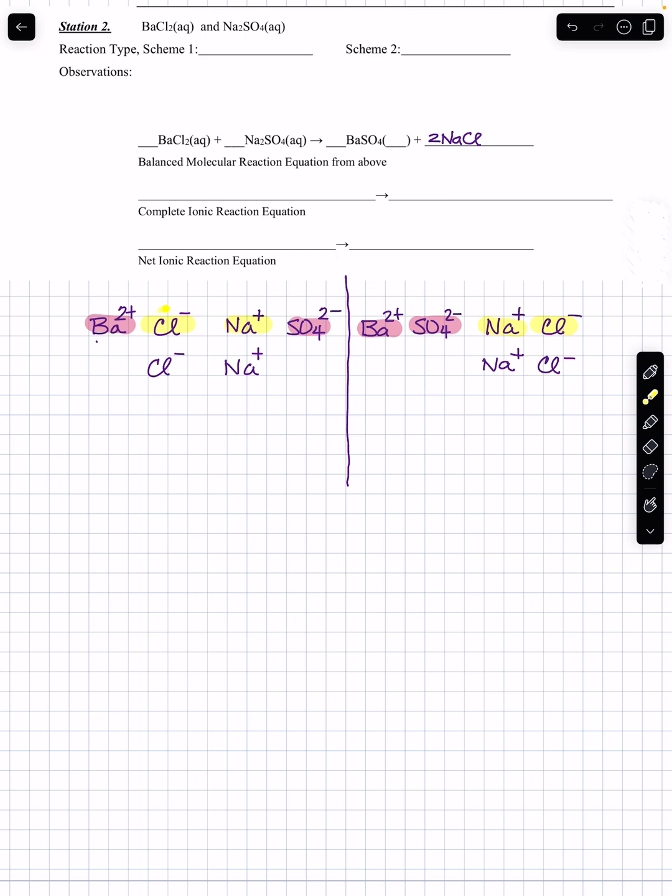So now I have two chloride ions over there, and I have two chloride ions over there. So that's good. Then I have two sodiums, 1, 2, and now I have two sodiums over here, so that's good. And then one sulfate and one sulfate. So this is balanced now.